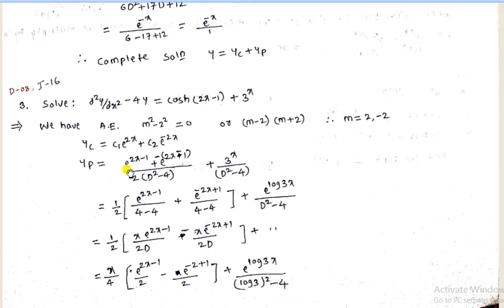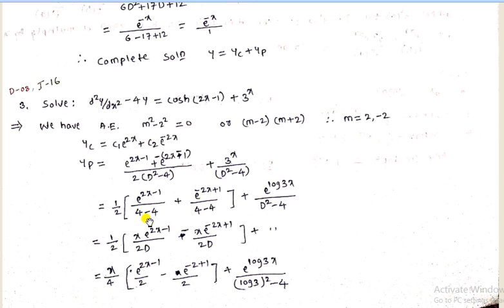Now in the first term divide each term by the denominator: e raised to (2x minus 1) divided by D square minus 4 plus e to the power (minus 2x plus 1) divided by D square minus 4, and 3 raised to x is denoted as e to the power log 3 x divided by D square minus 4.